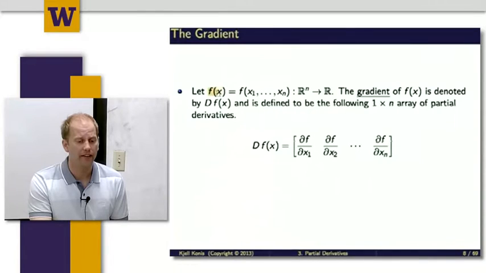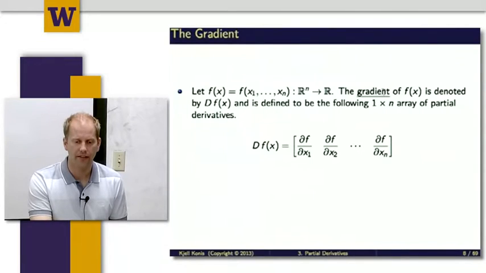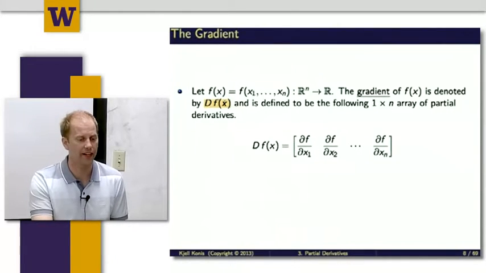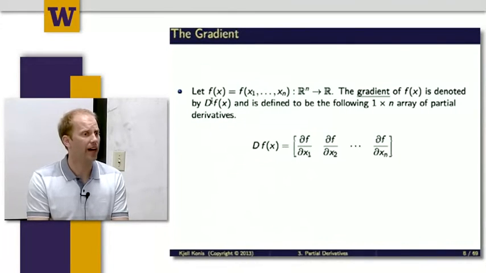And so if f is a function of n variables with one output, so the output is a real number, then I'm going to define something called the gradient of f, which is denoted sometimes by capital D times f of x. So here we think of capital D kind of the same way I think of d by dx.